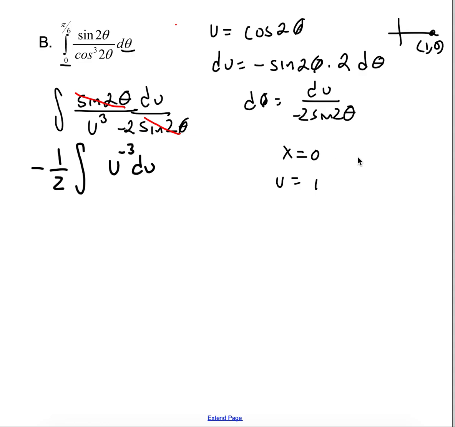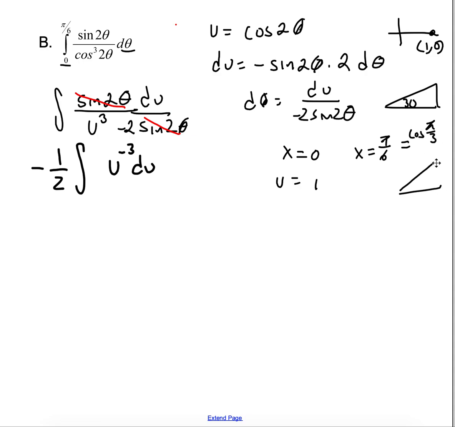And what about when theta is equal to pi over 6, or 30 degrees? What's cosine of pi over 6? In this case, we plug in pi over 6 times 2, so you get 2 theta. This actually becomes cosine of pi over 3.